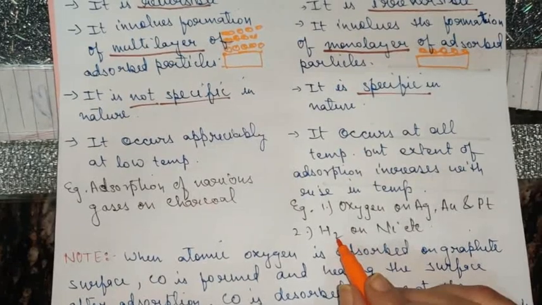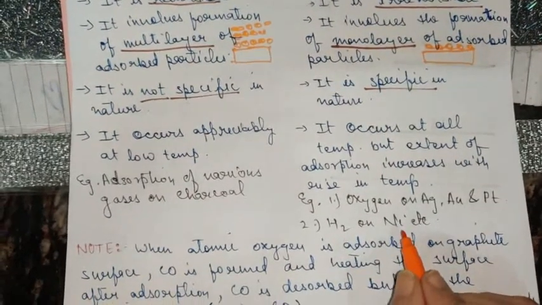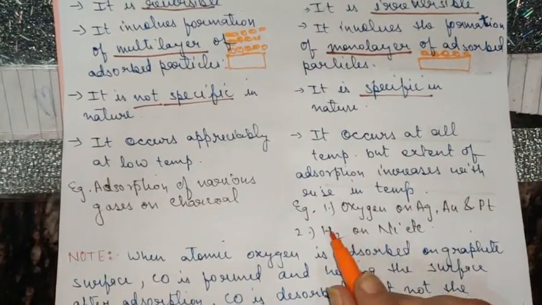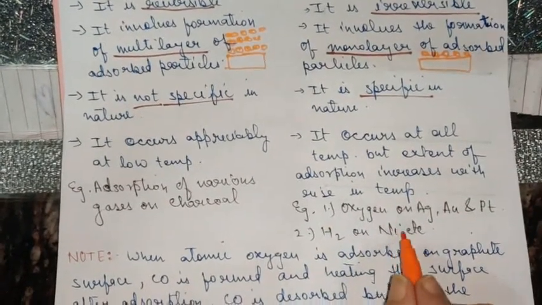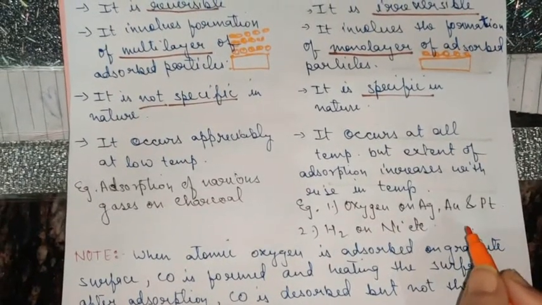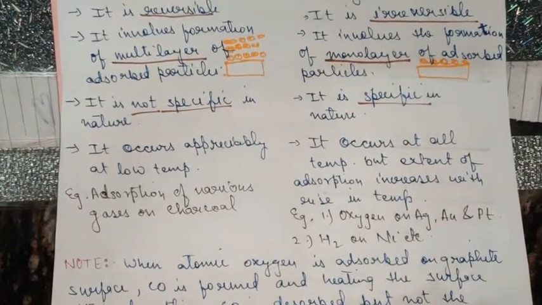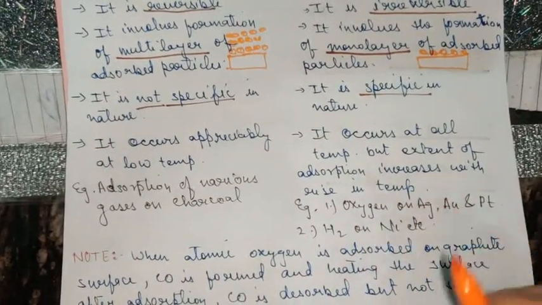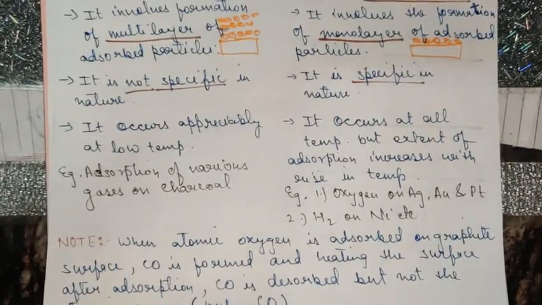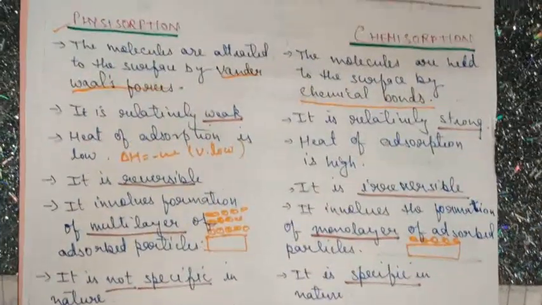And hydrogen on nickel, this you must have learnt in the reaction hydrogenation, where nickel is used as a catalyst and hydrogen is adsorbed over the nickel surface, and the product formed is saturated fat. I'll be taking this up in detail later in this chapter, where I'll talk about catalysis. So I hope the difference between the two is clear.